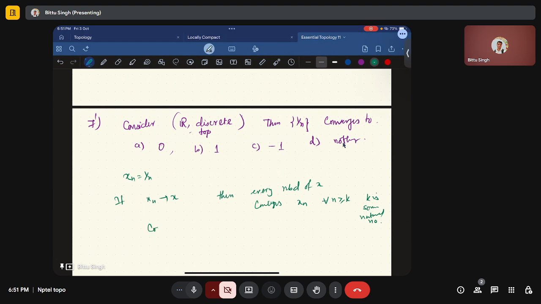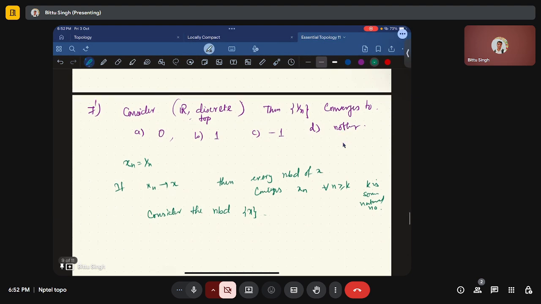Now consider the neighborhood of this x. So x belongs to this singleton set. Clearly, this singleton set does not contain any element other than this x, right? So it cannot contain infinitely many terms, all those xn for n greater or equal to k.